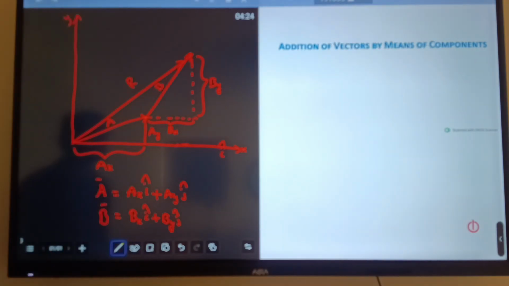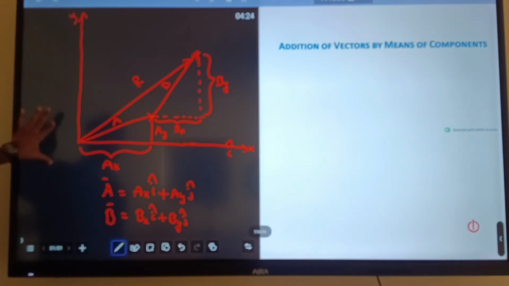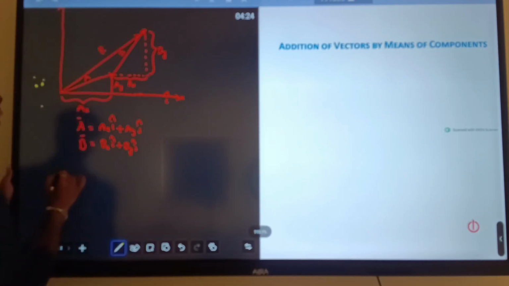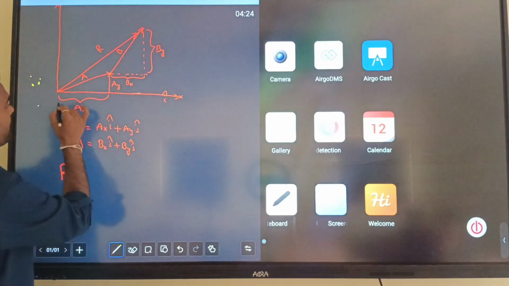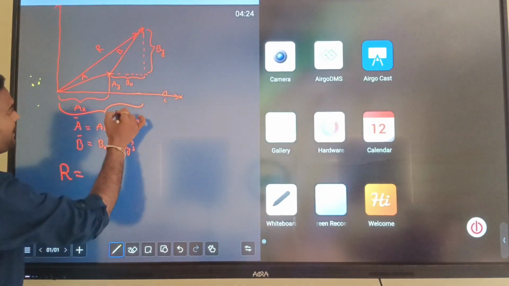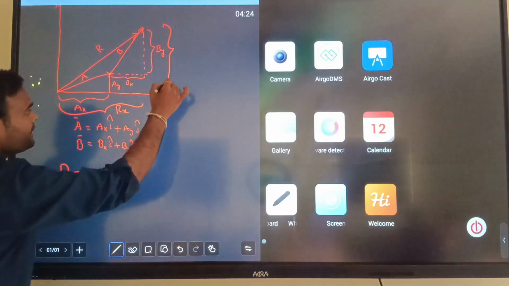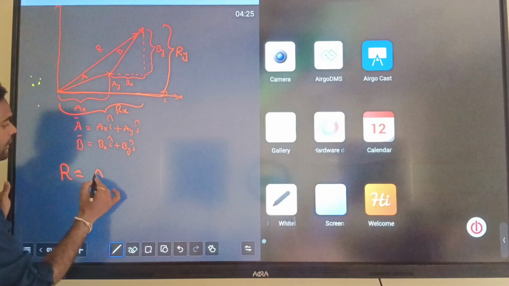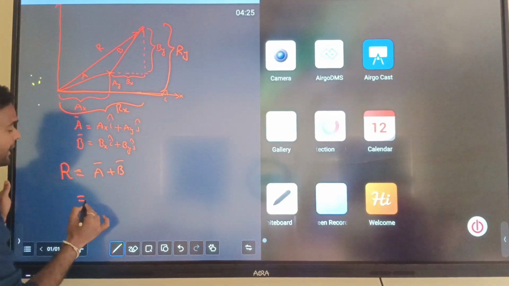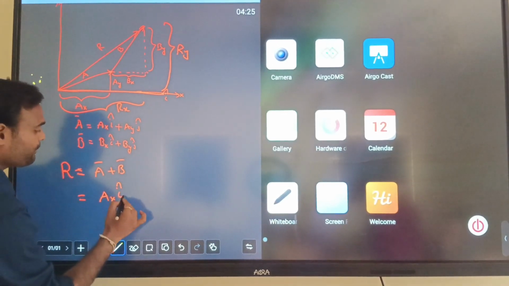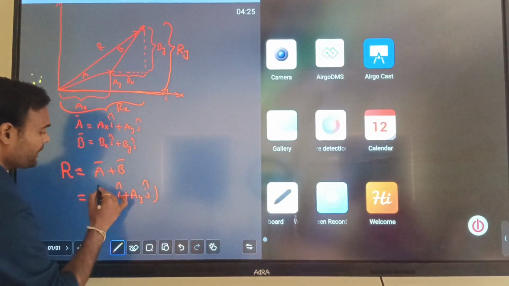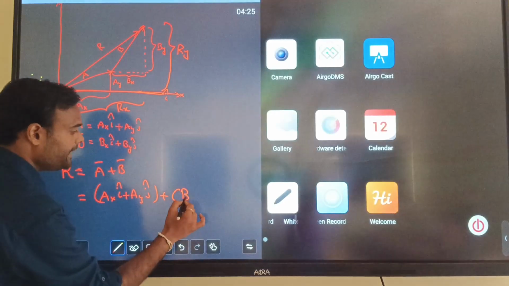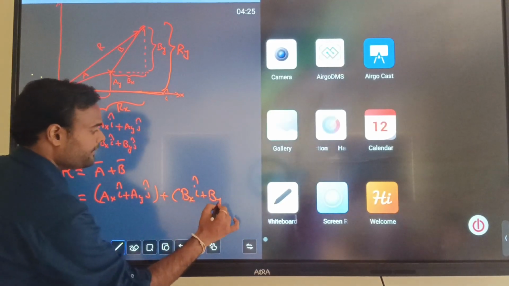Now this will be the resultant. That resultant I can write as R. From here to here, the point I am representing with Rx, and the total with respect to the origin line I am representing by R, and this is originally A + B. So can I write R = Ax i + Ay j + Bx i + By j?